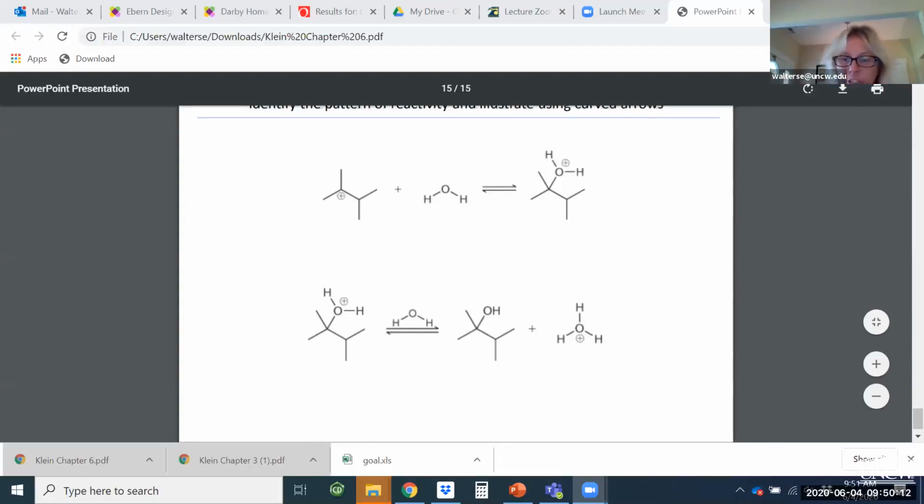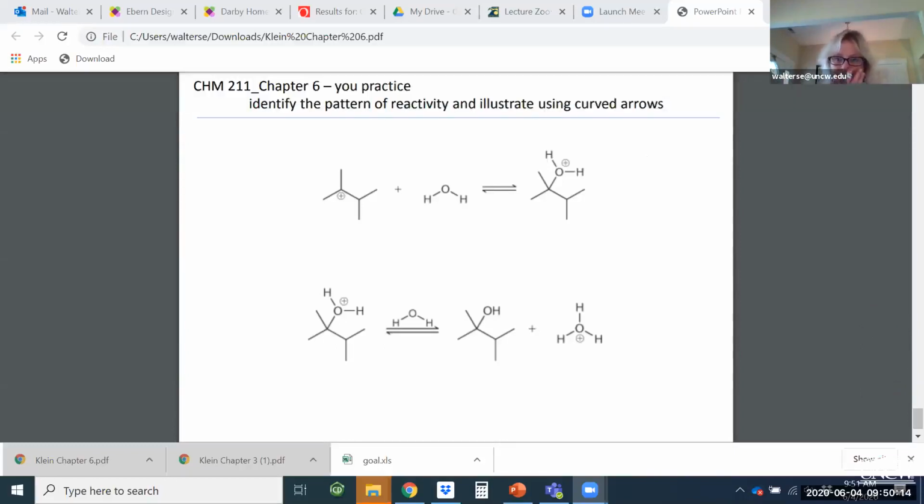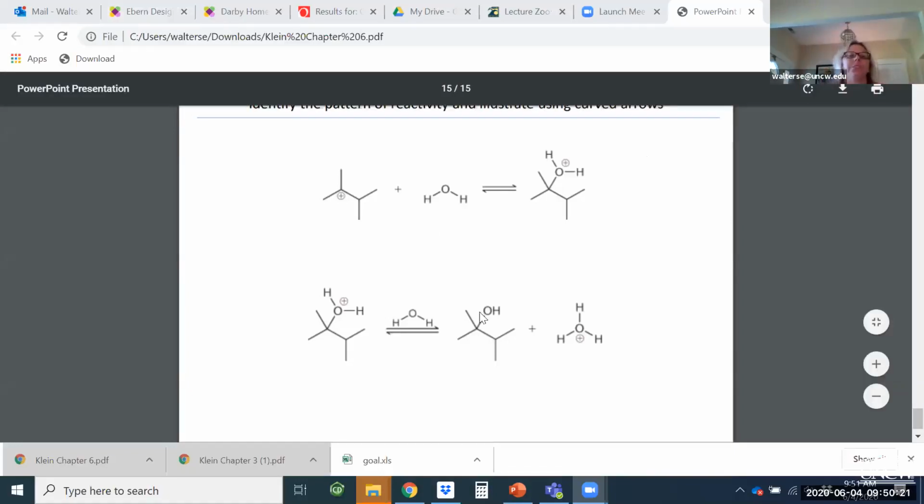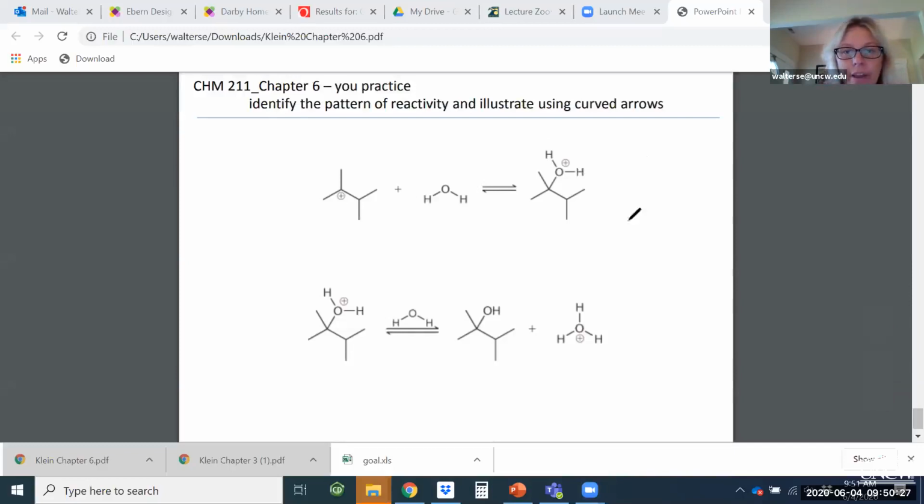Does anybody need more time on this one? Okay, so I'm gonna have to freehand these arrows, which is gonna be ugly, so bear with me. Okay, so we have to look at what's happening over here. We have to end up with this water molecule, the whole thing, H2O, on the molecule at the carbon that had the positive charge.